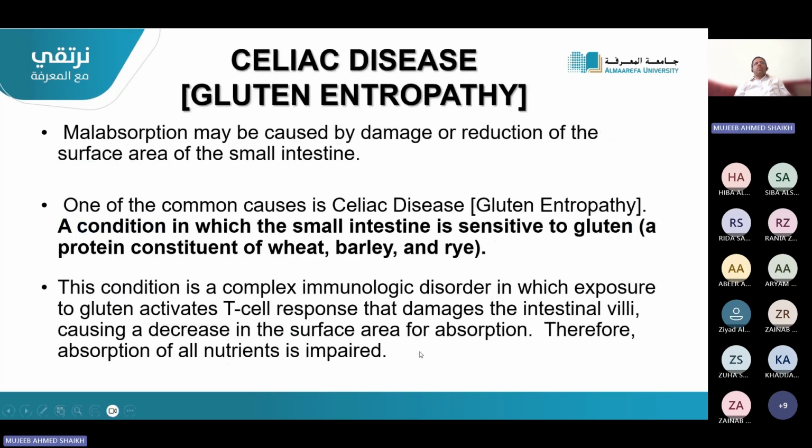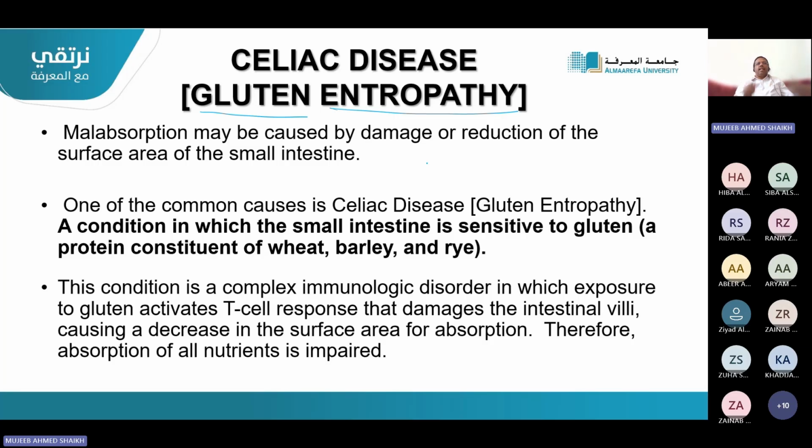Coming to one disease called celiac disease, or known as gluten enteropathy. What is gluten? Have you heard about gluten? Yes, I think it's a substance. Where did you hear it? In food. Which type of food? Bread, biscuits, cake.